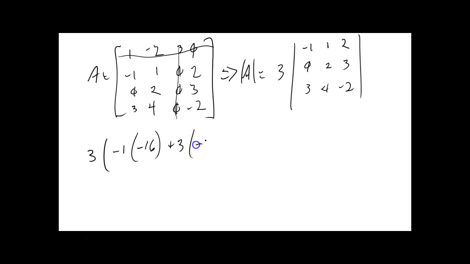Which is negative 1. All right. Done. So this is 3 times 16 minus 3. That would be 3 times 13, which is 39. I sure hope 39 works. Yes, it does. Good for them. See how that happens. Okay. Not too bad.